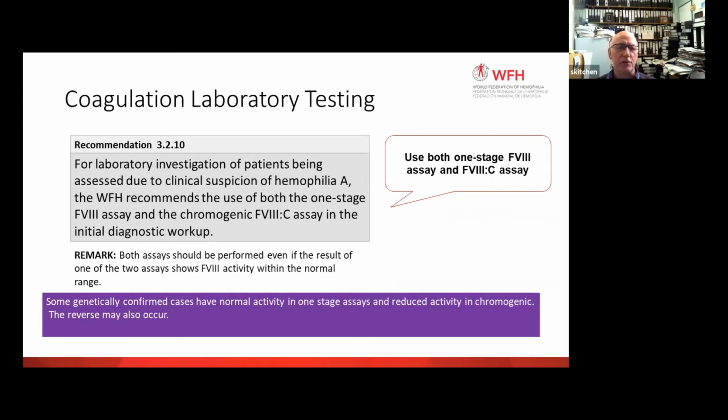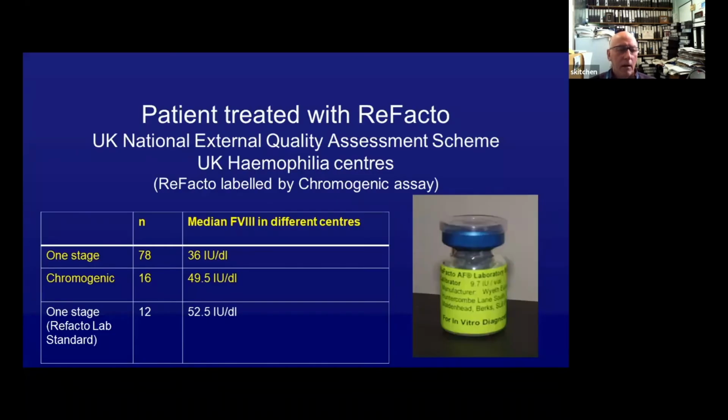Even if one of those results is normal, there are cases only detected by one of these two. Most cases are picked up by both assays, a small proportion only detected by one. So haemophilia centers, even before the question of infusion and monitoring, require access to both tests according to this recommendation.